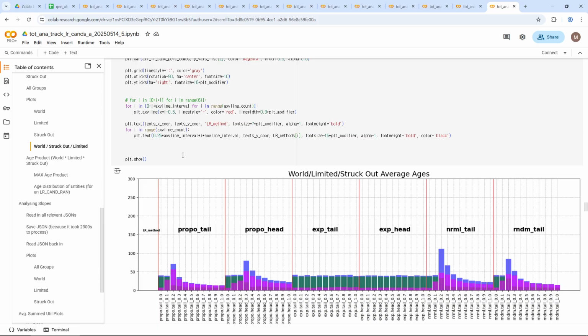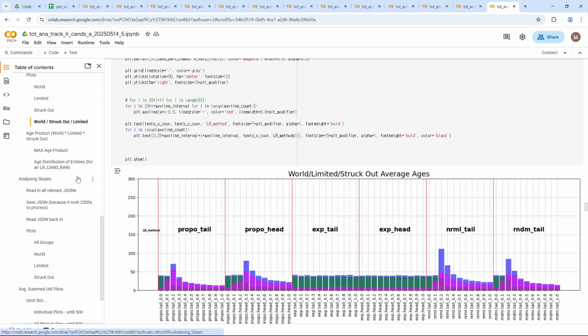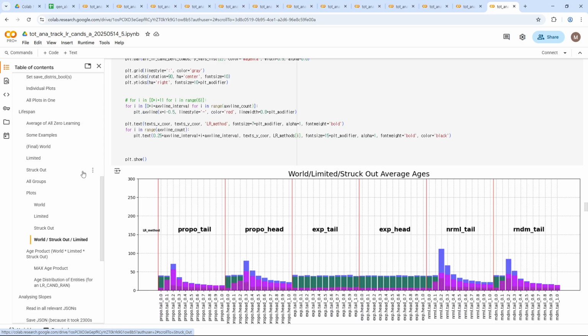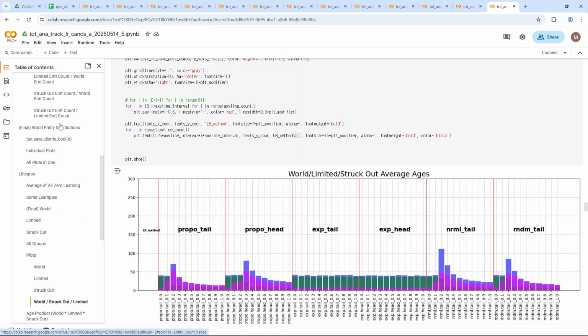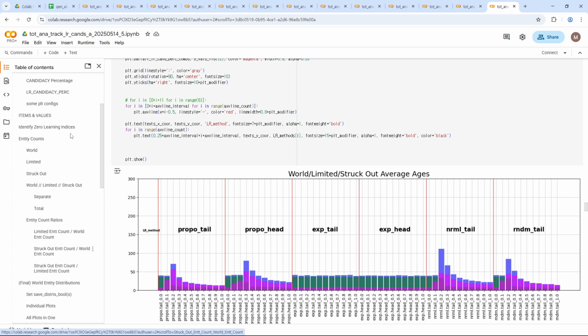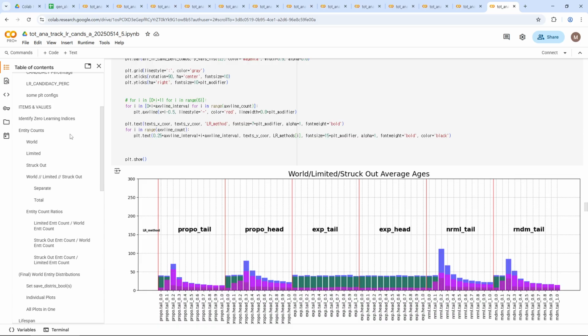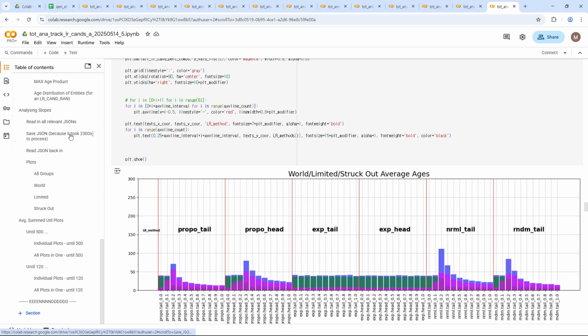And then after I have had a look at those across all 13 notebooks, I can have a look at the distributions, the entity distributions of the final world, and then the average summed utility plots for the world, not for individual entities, but for the world.